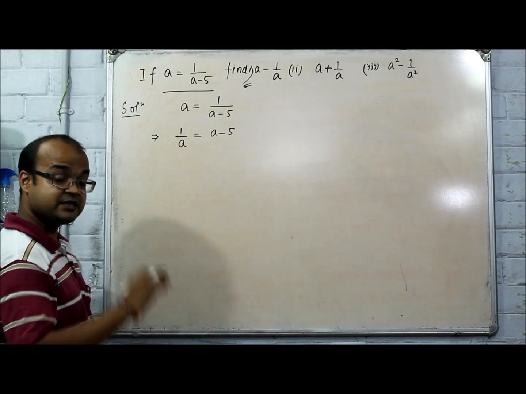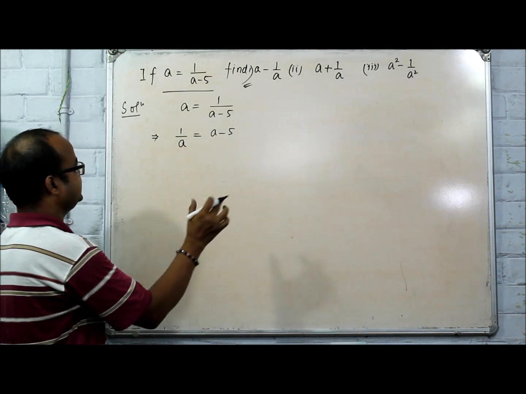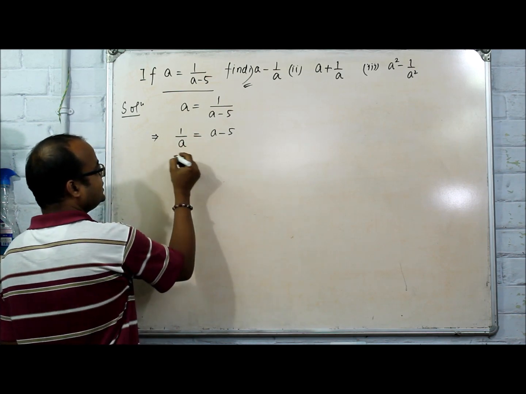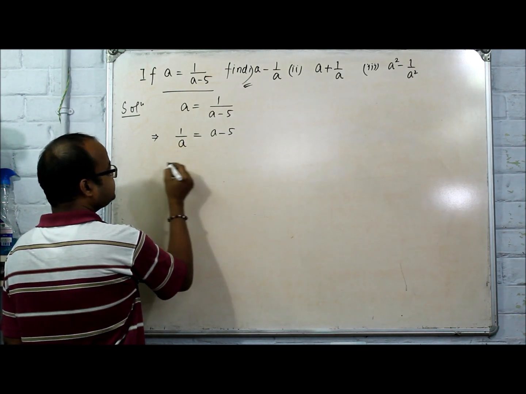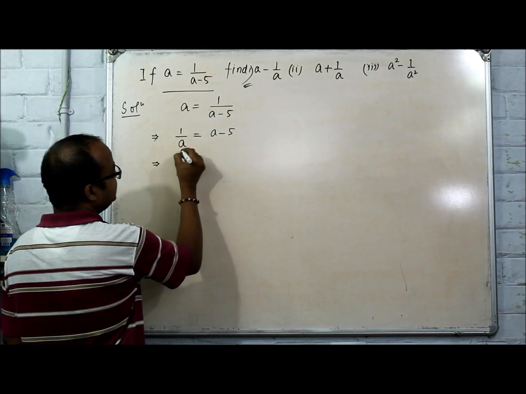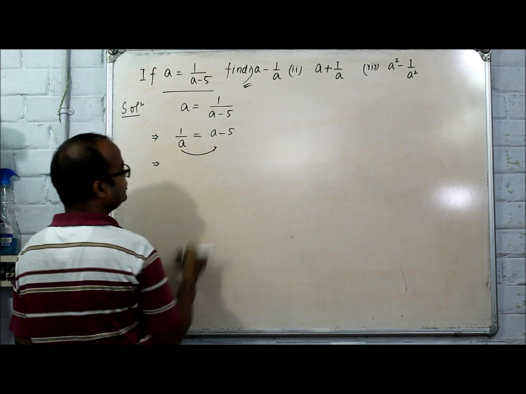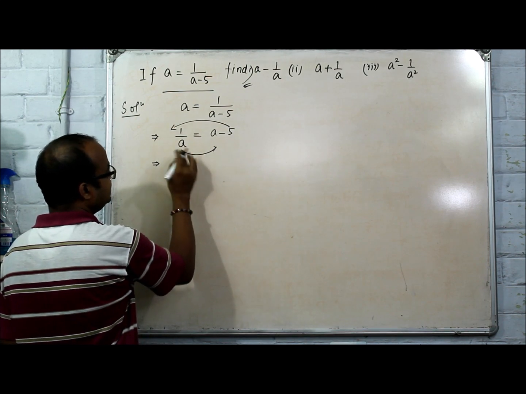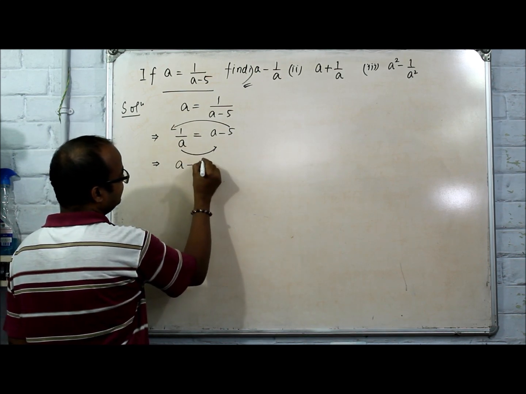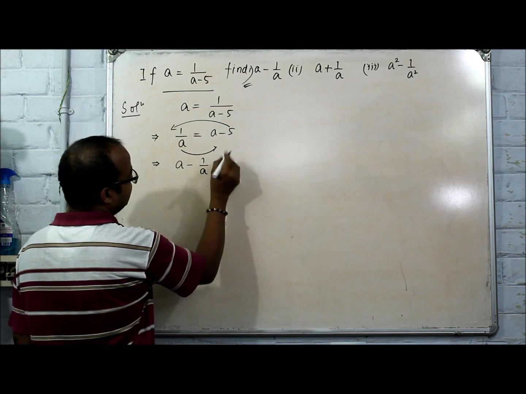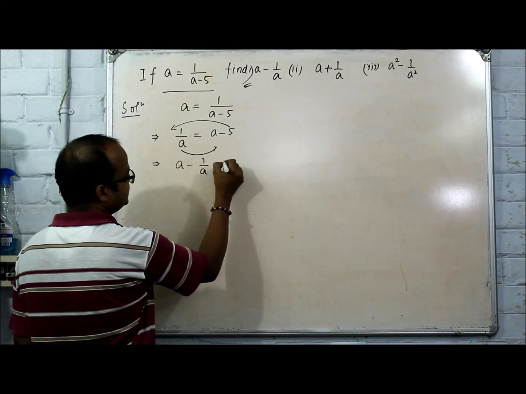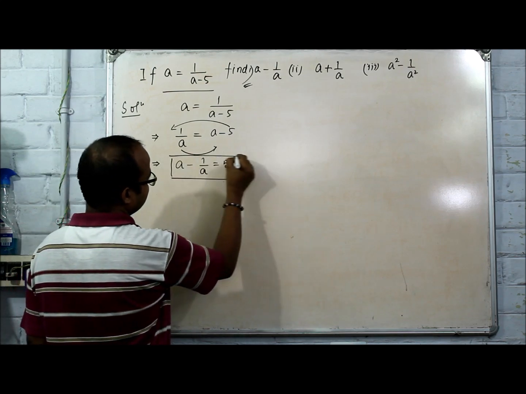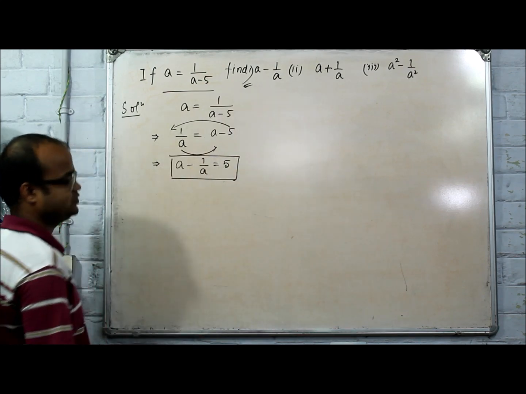Now keep this 1 by a on the other side and 5 on this side. So we will get a minus 1 by a, and this minus 5, when you change the side, will become plus 5. So we'll complete the first.